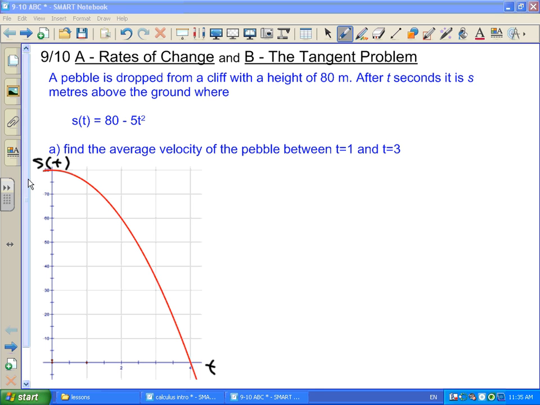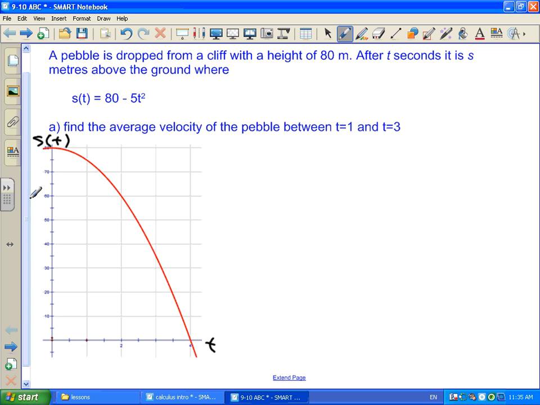So let's locate those points on our graph. T equals 3 is over here, so we're looking at this point right here, and t equals 1 is down here, that point right there. We want the average velocity between these 2 points.